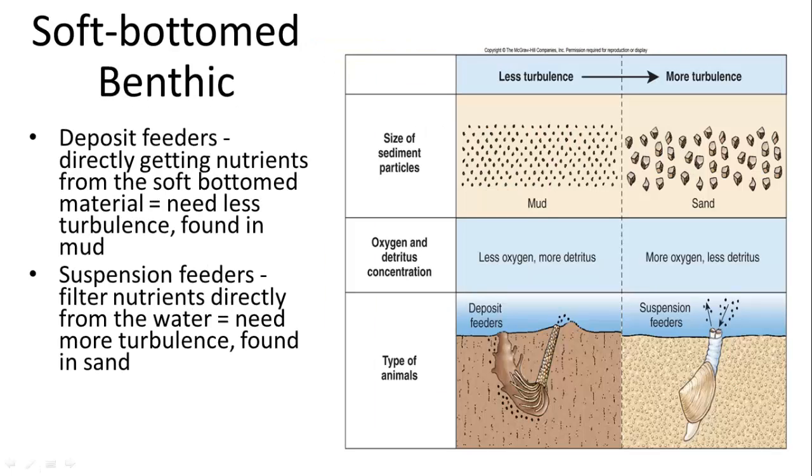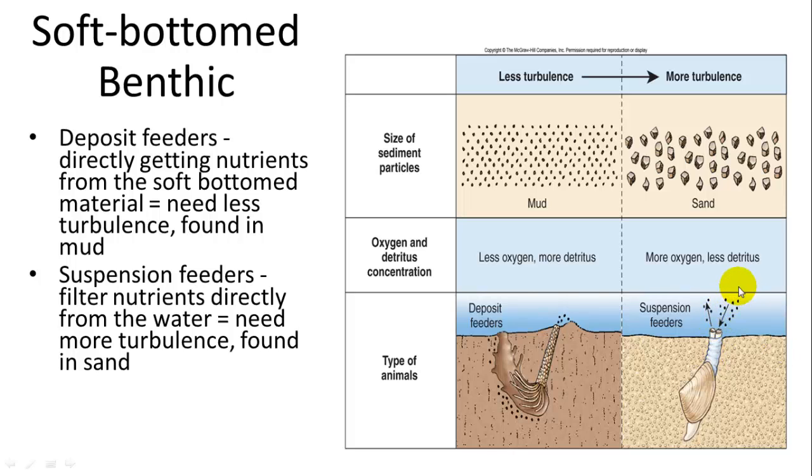We talked about this before, but we have two different types of feeders. Deposit feeders rely on just the sinking of nutrients from dead and decaying or leftover organic materials, and as it sinks, it catches those deposits and uses those for its nutrients.